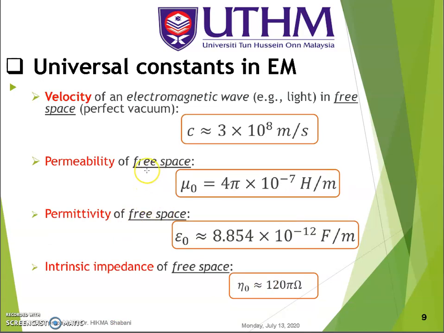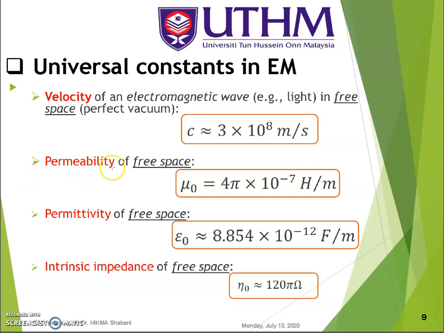Some universal constants in electromagnetics. Here we have the velocity of an electromagnetic wave in free space, c, which is approximately 3 times 10 to the power of 8 meters per second. So this is the speed of electromagnetic waves in free space.